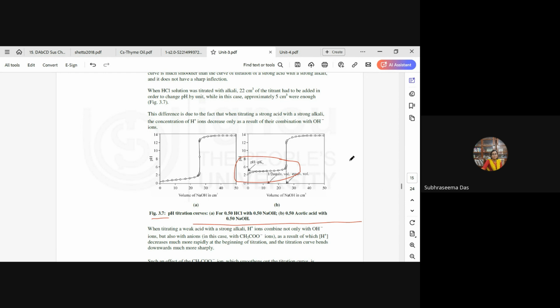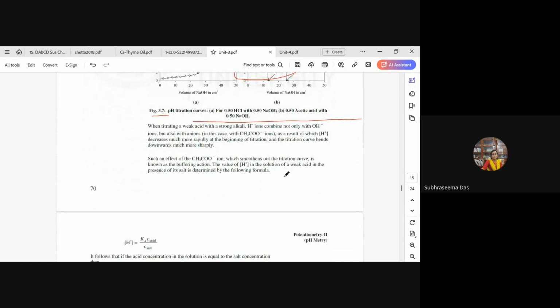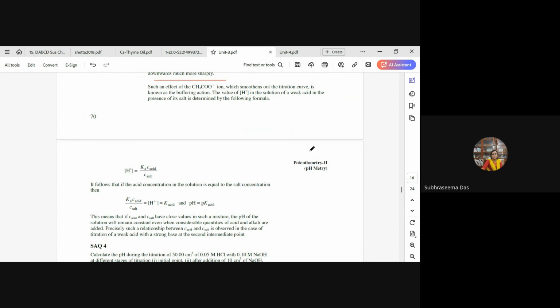This difference is because H plus from a strong acid decreases in concentration when OH minus is available in the solution. When we titrate a weak acid with a strong alkali, the H plus not only combines with OH minus, but also combines with the acetate ion. As a result, the H plus decreases more rapidly at the beginning, and the titration curve bends down more sharply.